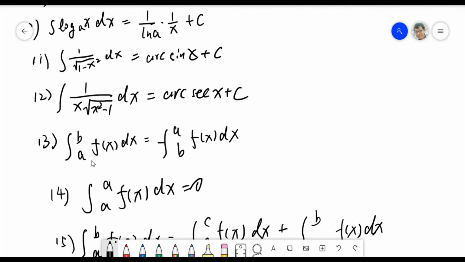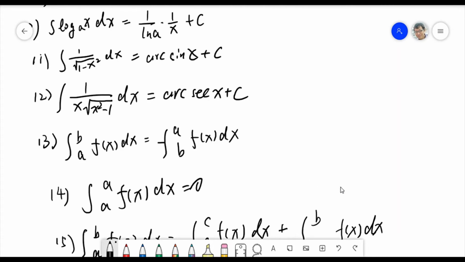This integration can be imagined as calculating an area, right? Of something in the graph, even the area of a square or rectangle. So definitely if you change their positions from a to b, you change the sign, positive to negative.